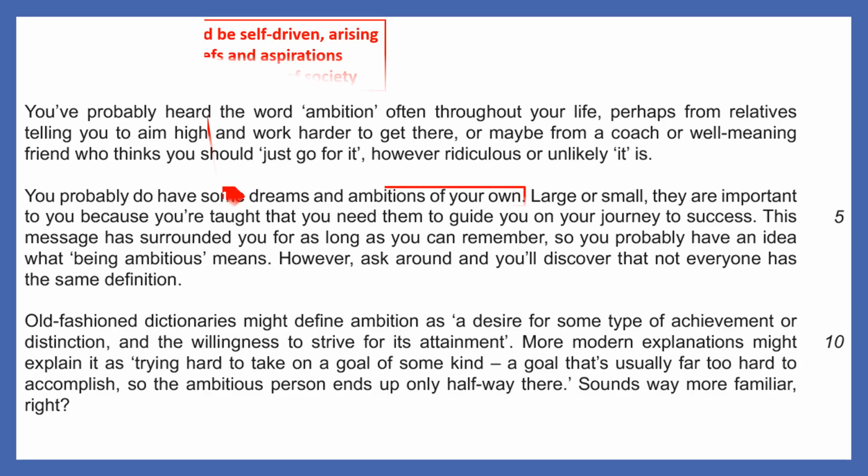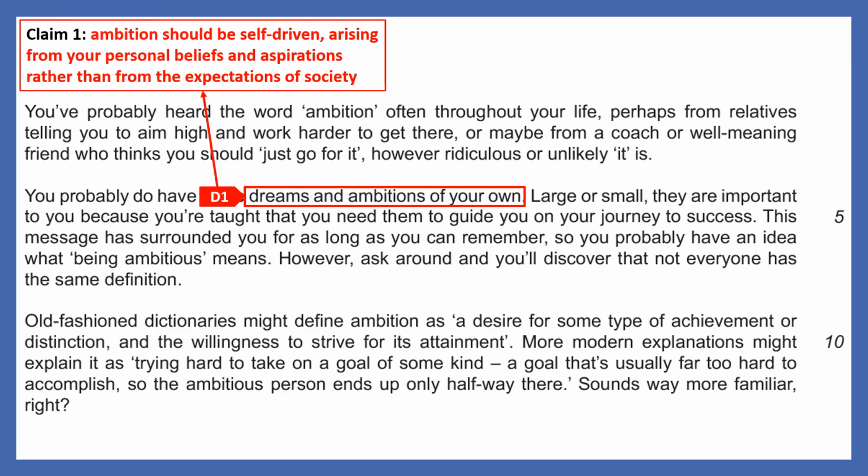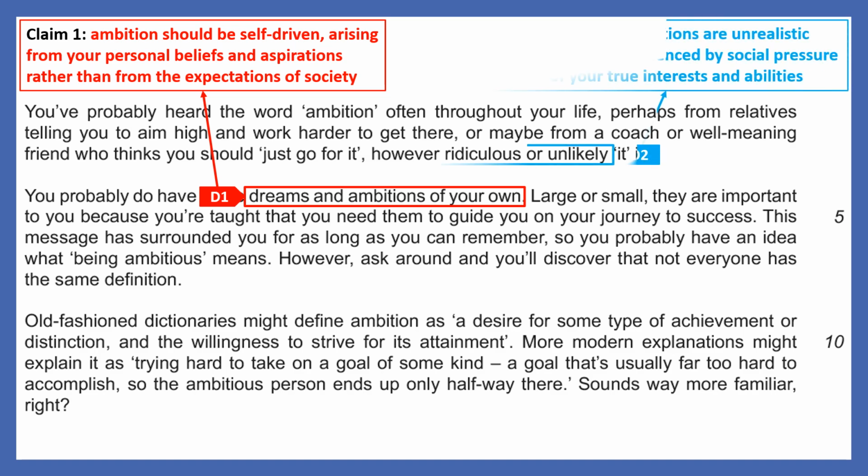Detail 1 can be developed into claim 1. For example, the phrase dreams and ambitions of your own can be interpreted as meaning that ambition should be self-driven, rising from personal beliefs and aspirations rather than from the expectations of society. Detail 2 can be developed into evidence 1.